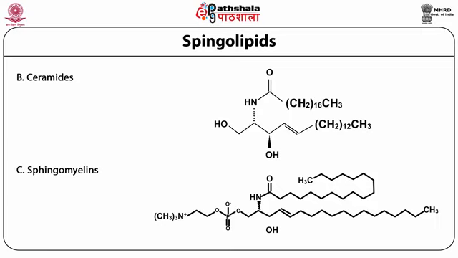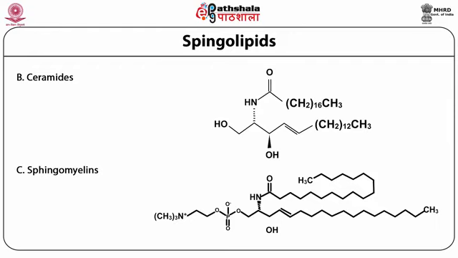The other important class of the sphingolipid is cerebrosides. Cerebrosides are ceramides which can be called glycosphingolipids. That is because they also contain carbohydrate as a constituent.